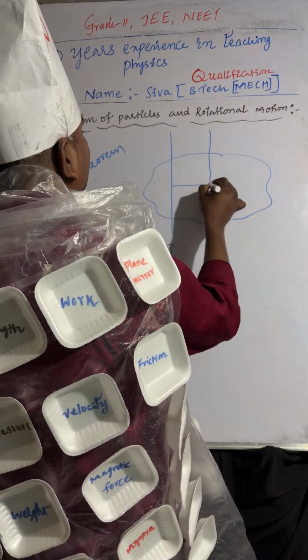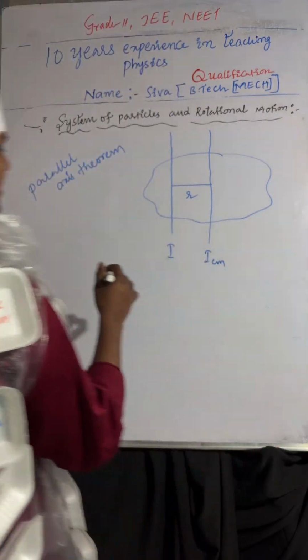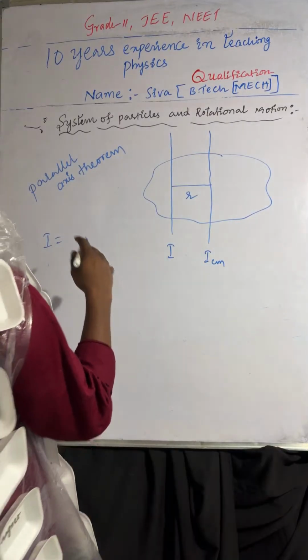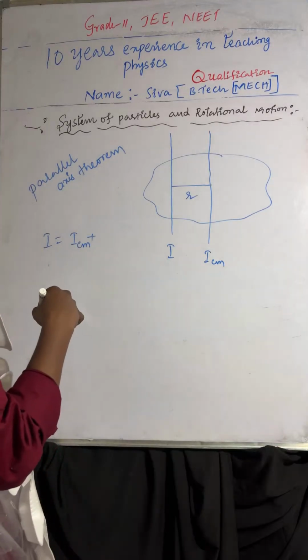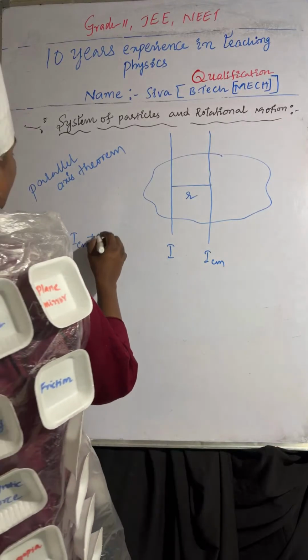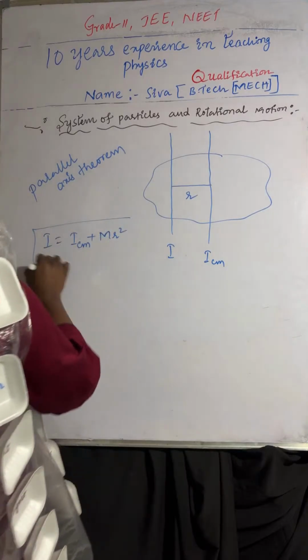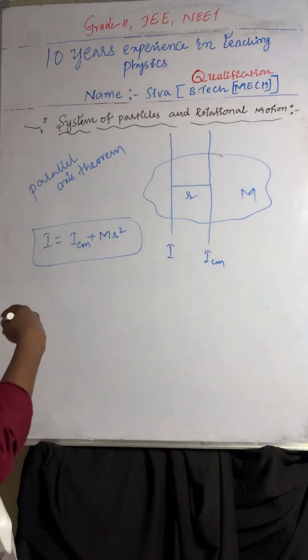The perpendicular distance is R. So I about any arbitrary axis equals I_CM plus M R square, where M is the mass of the body and R is the perpendicular distance.